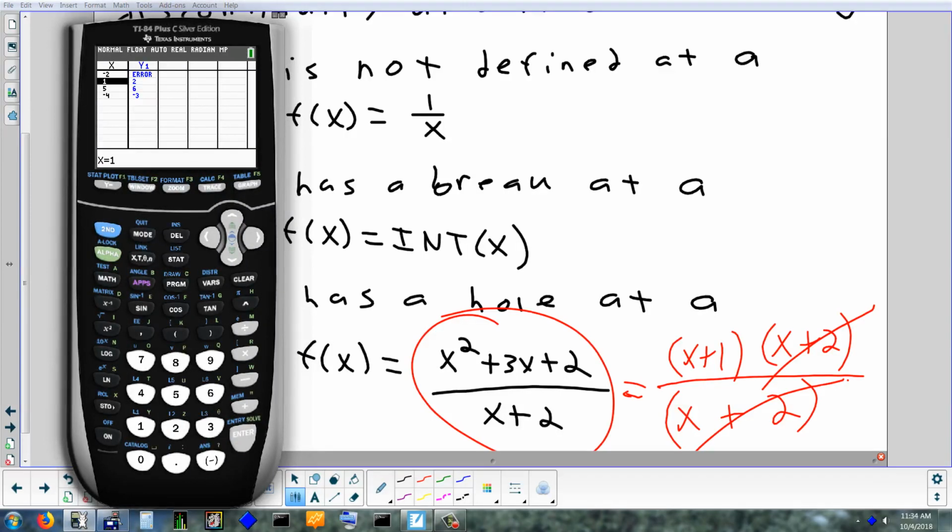There is nothing at -2. It's a hole. You can go very close to it. You can go -1.999. That's fine. You'll get an answer. You can even go -2.00001, and that's fine. It's just that there's a very, very small hole right at -2.